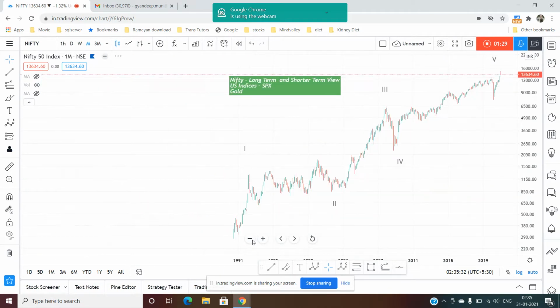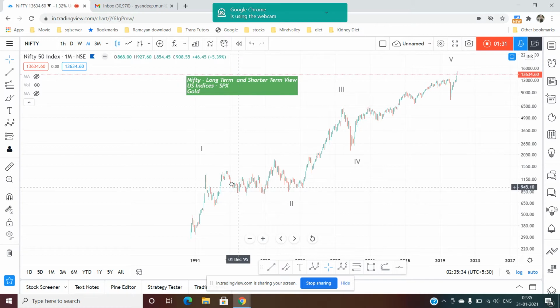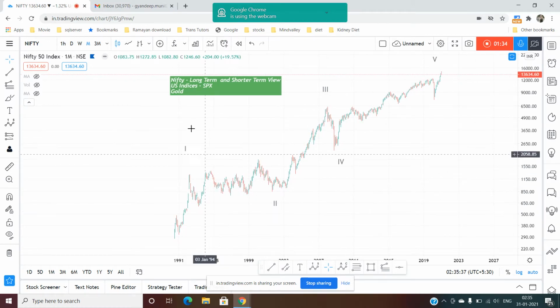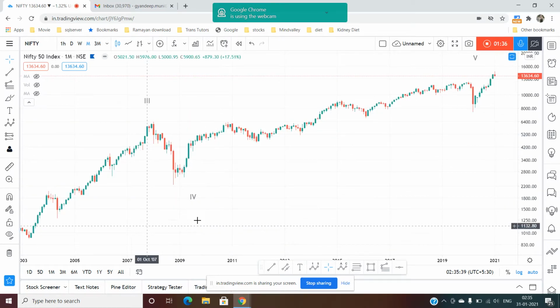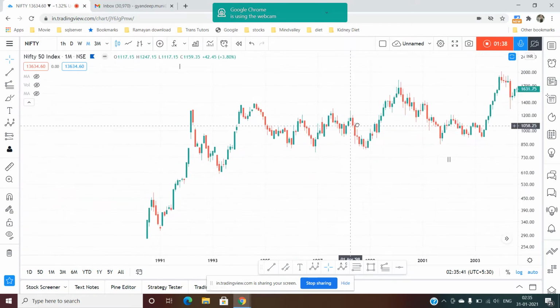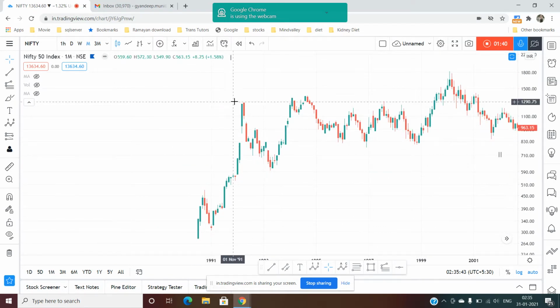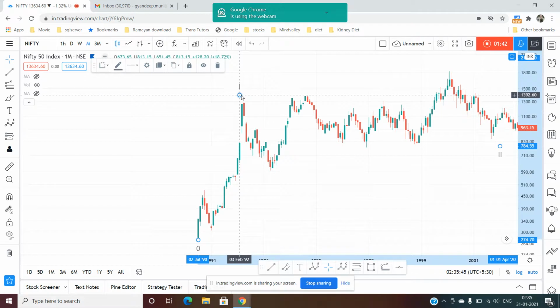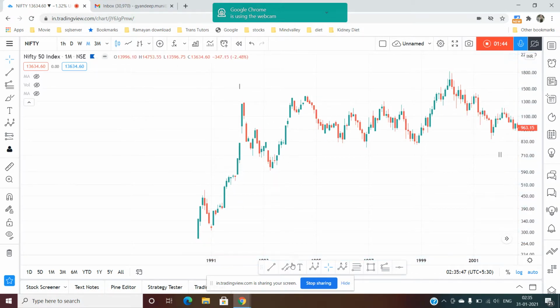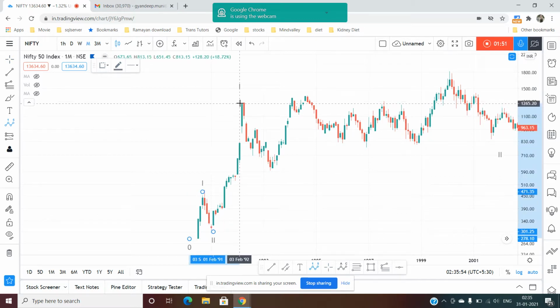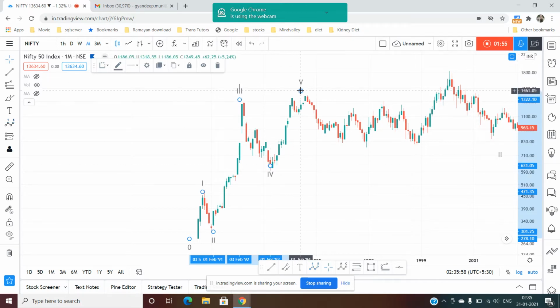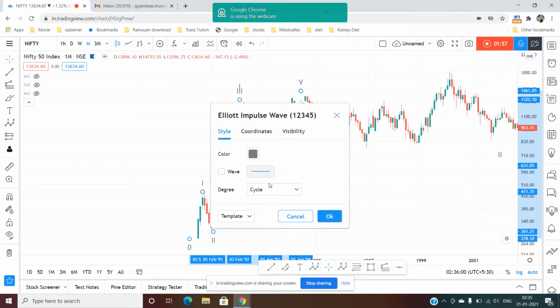Now as we go to the monthly time frame, we can see this first wave, which is here, is divided into 5 more waves: 1, 2, 3, 4, and this is the fifth wave. But this is not cyclic, but primary waves.